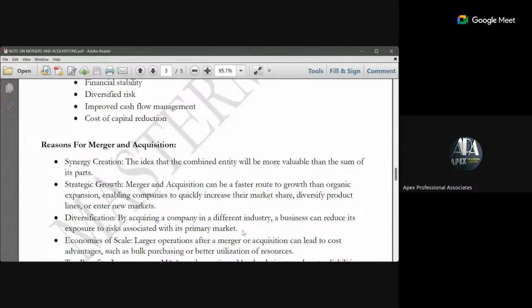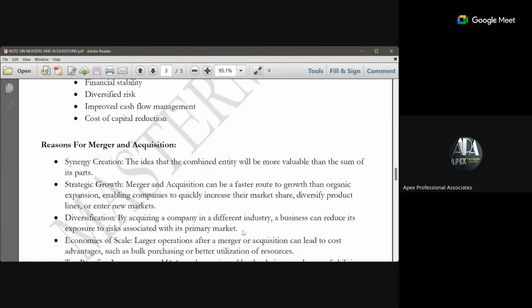That is, one of the reasons why companies consider merger or acquisition is that the combination of the two companies is more valuable than the companies separated. The value of A and the value of B, when they combine the two businesses, should give them more than the value of the two parties taken separately.